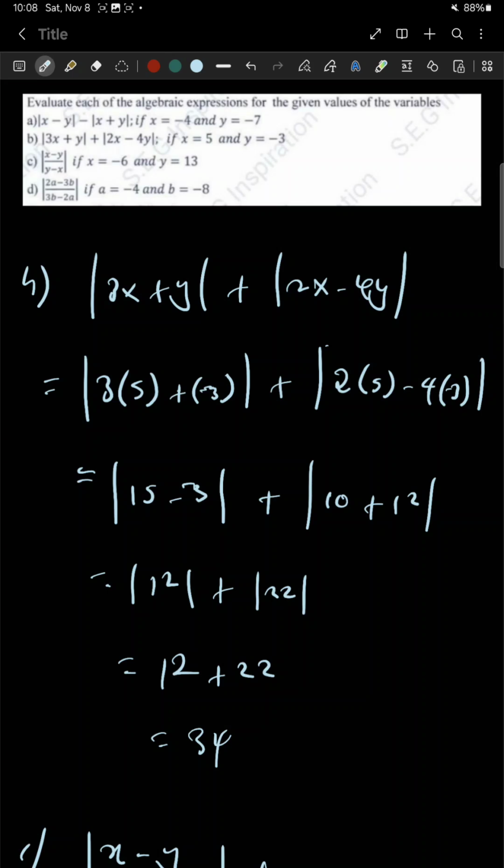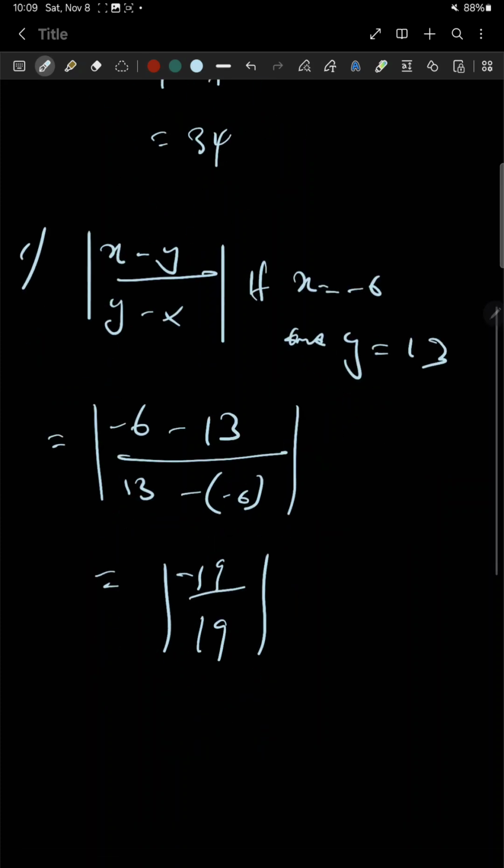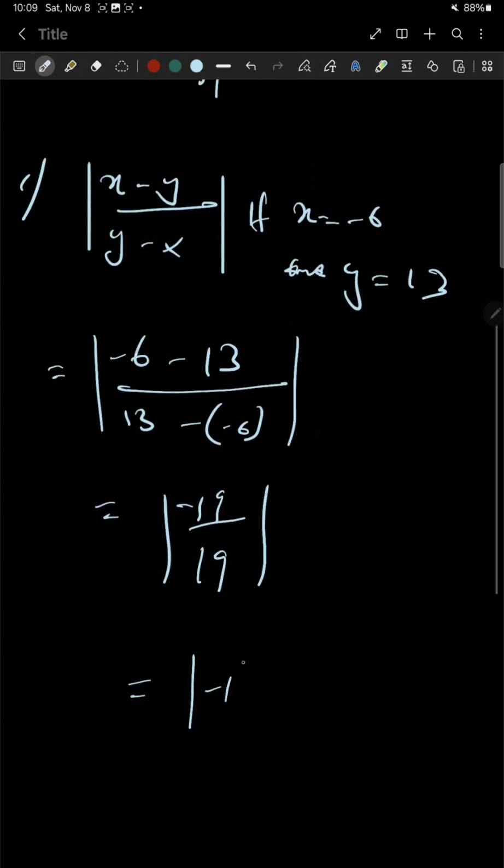Then that will be negative 19 and 19 now. So this is 19, not 18, and then this will be positive 19 as well. So 19 and 19, that would be negative 1. Now guys, what is the modulus of a negative? It is a positive, right? So that will be 1.